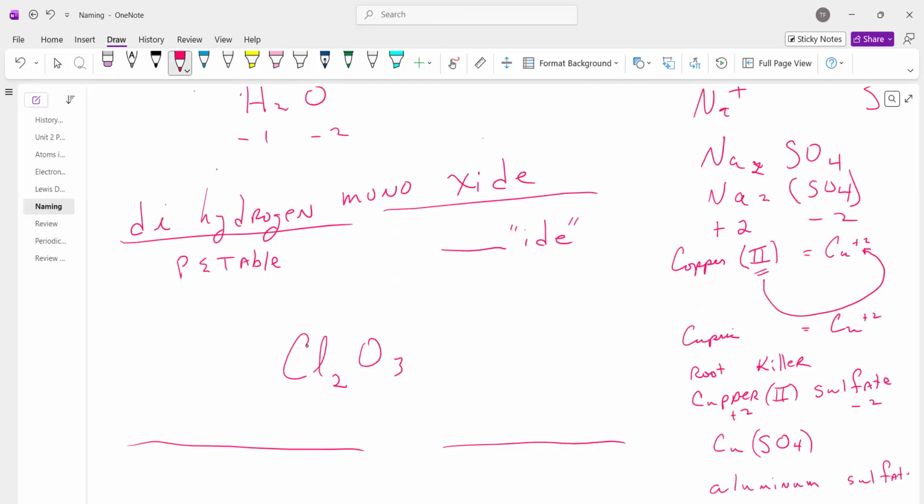That means it's molecular or covalent. So chlorine from the periodic table and we have oxide as the ide.